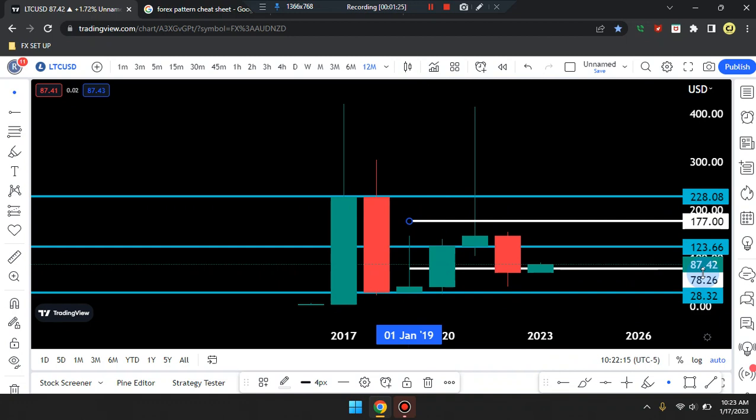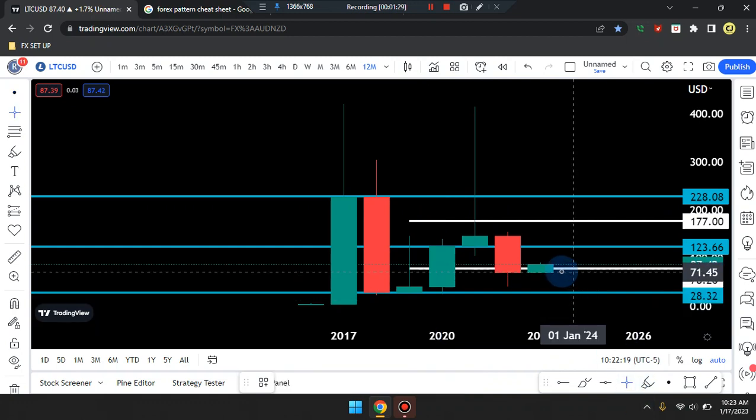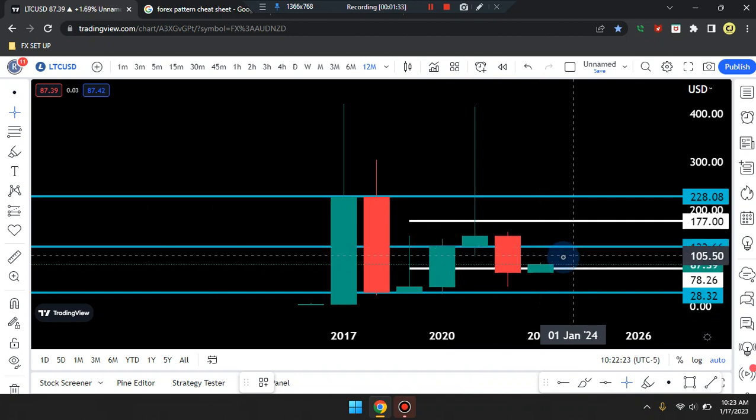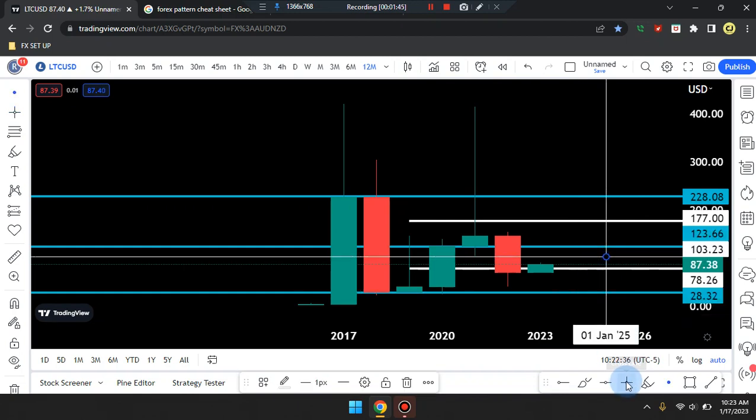So we have current price sitting at 87.42. If price action works its way up, it can tag that blue resistance line at 123.66, before tagging the midpoint between price and the resistance line, nearing the numbers of 103.23.